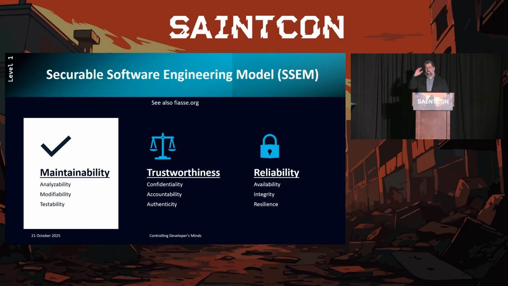In the past, I've been asked, can unmaintainable software be secure? And the answer is no. First of all, because there is no static state of secure. But secondly, because if code's not maintainable, it can't be changed with confidence, and therefore it can't be secured.